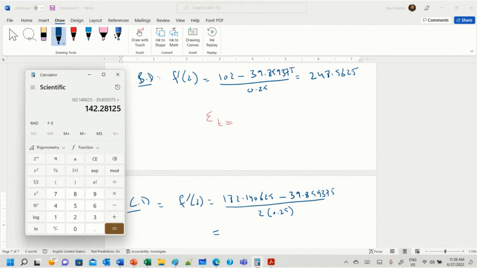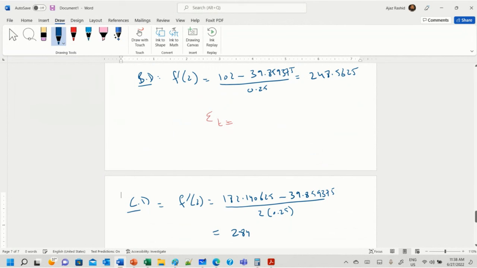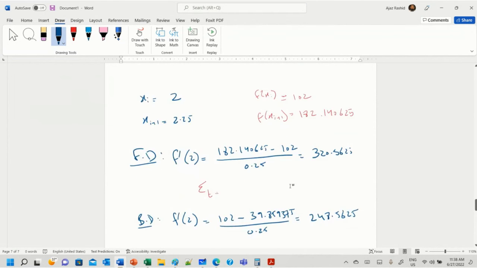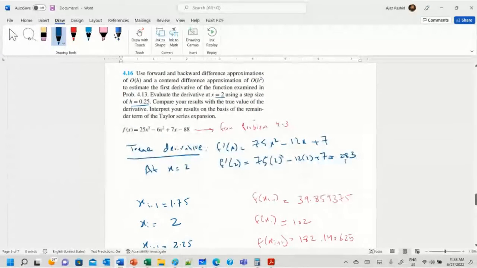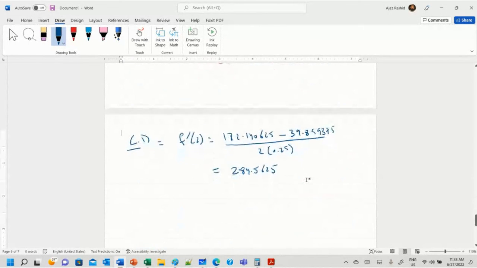So 284. And of course we can see 284 is very close to the actual value, which is 283. So the error in the centered difference, of course, is the least one.